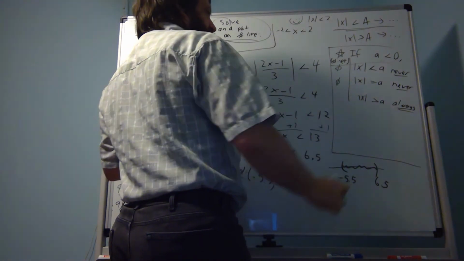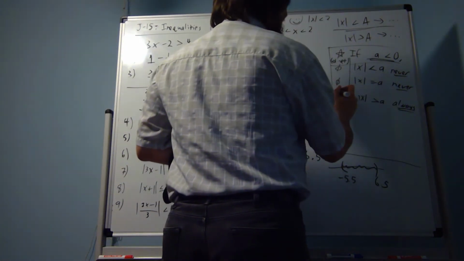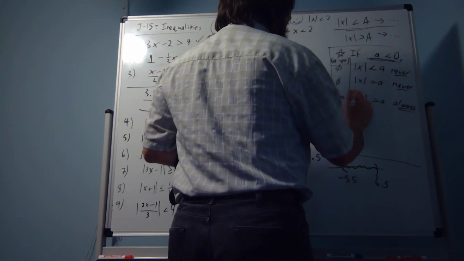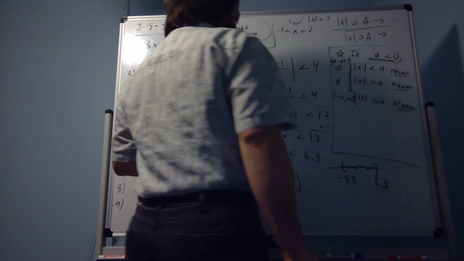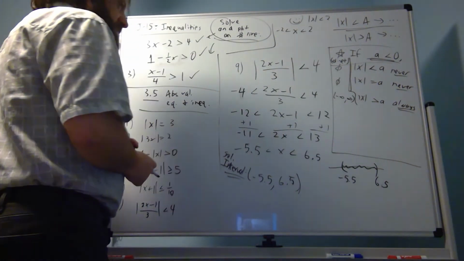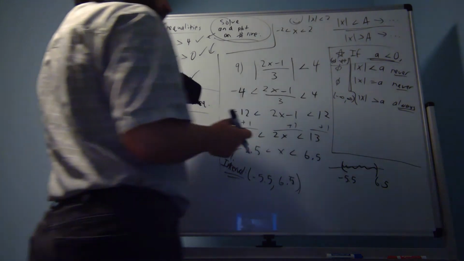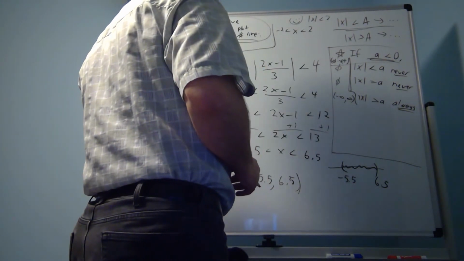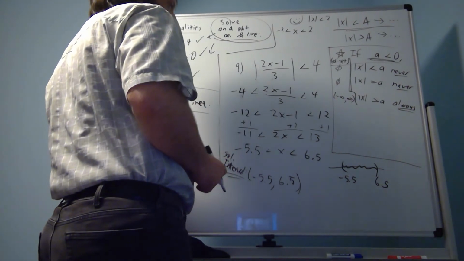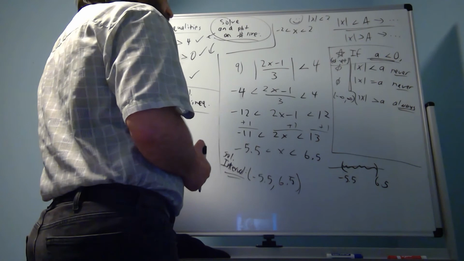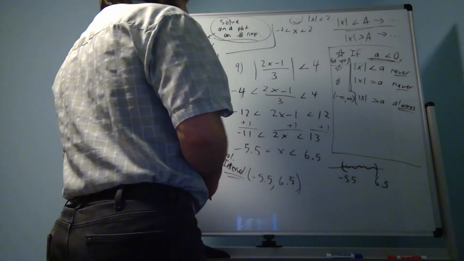What's the solution set for that? If a is a negative number, you probably shouldn't see this too often, just if you're taking a class where the instructor is really a fan of these, checking to see if you're aware. You never ever want to say that the absolute value is less than a negative number. That never happens. Absolute value is never equal to a negative number.